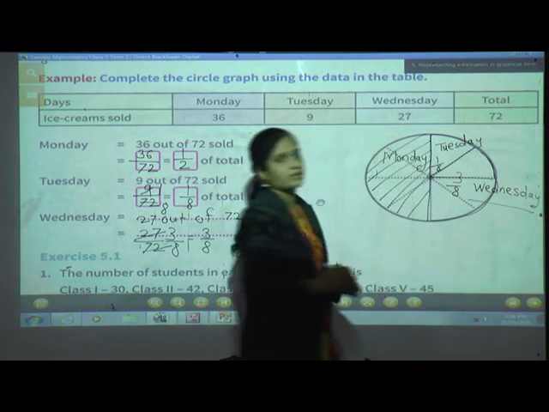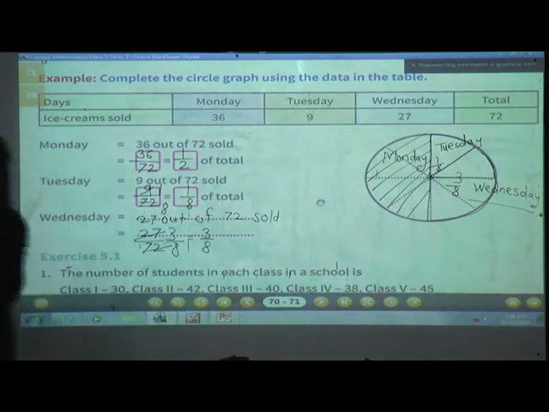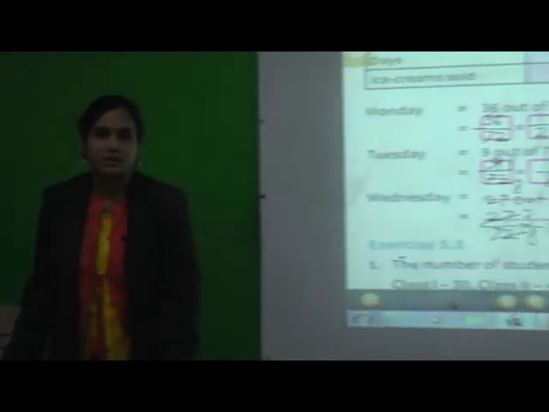So this one is a circle graph. Students, here just now we have studied pictograph, bar graph and circle graph also. So in this way we can solve exercise 5.1. So all of you understood pictograph? Yes, pictograph means picture representation, isn't it? I told you the examples also.